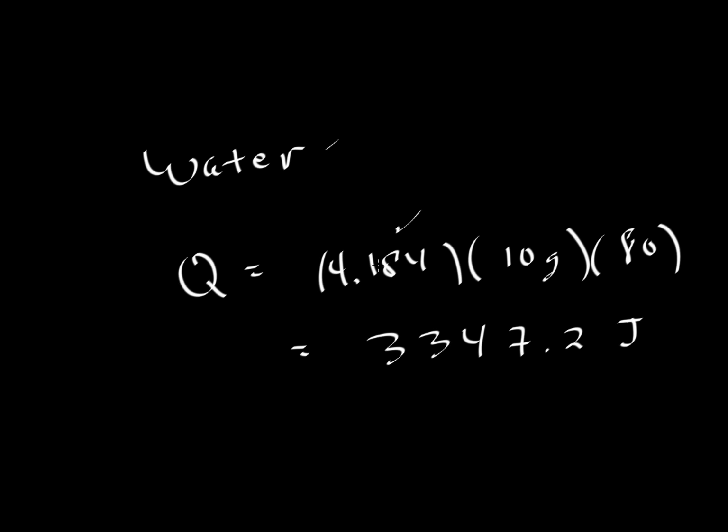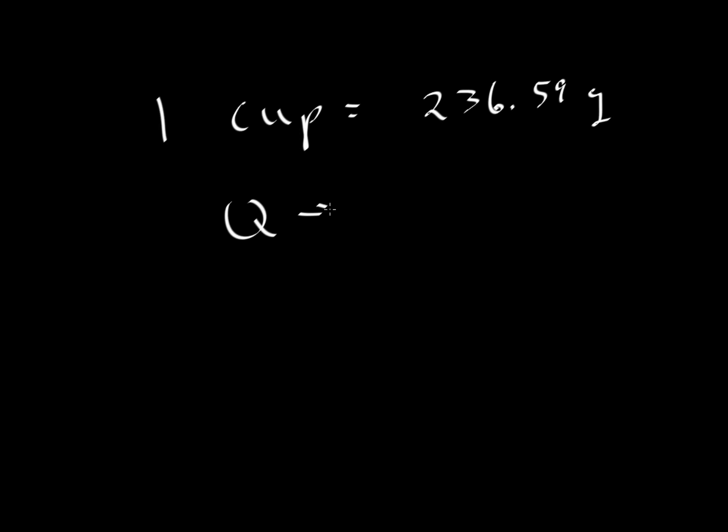So I'll just end here with a suggestion. If you want to have a lot of fun, you should do this. A cup of water is equal to 236.59 grams. So you can figure out the amount of heat that it takes to boil water by doing this.